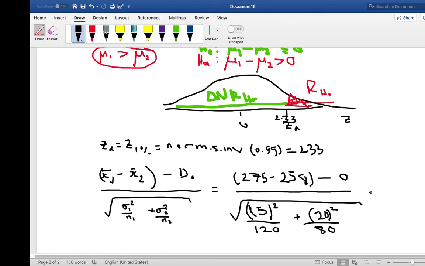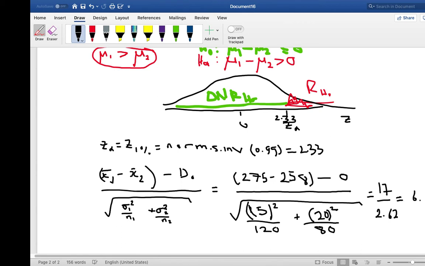That comes to approximately 2.62, so it's 17 over approximately 2.62, giving us a test statistic of 6.49, a very large value.